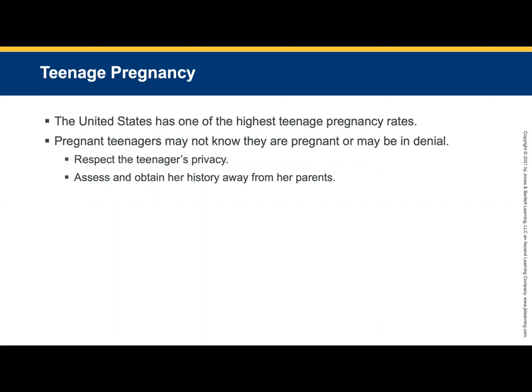So teen pregnancies, in the US we've always had high teenage pregnancy rates. Pregnant teens may or may not know that they're pregnant, or they may be in 100% complete denial. You do have to respect the teen's privacy at this age, because even though they may be a juvenile, depending upon their age, once they have this child, they are considered an adult.